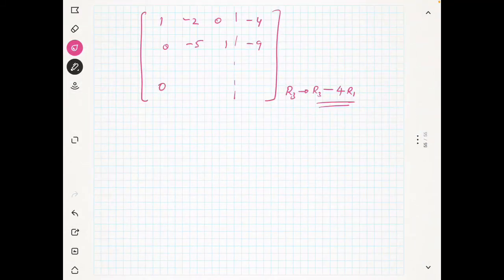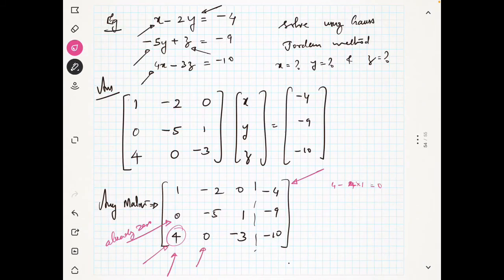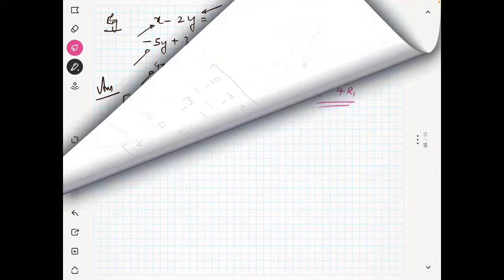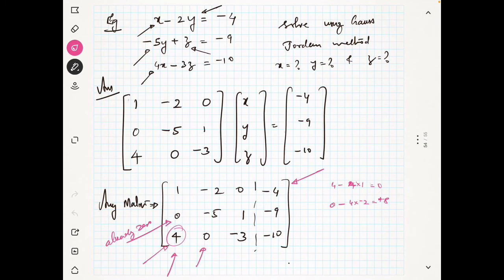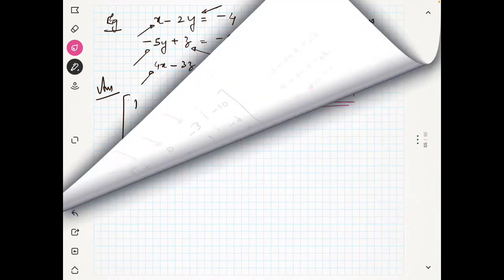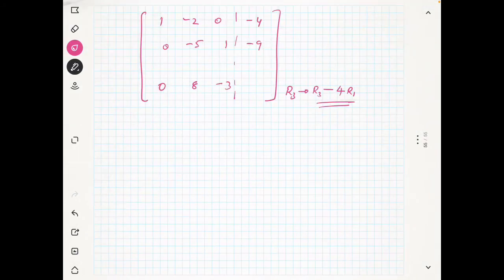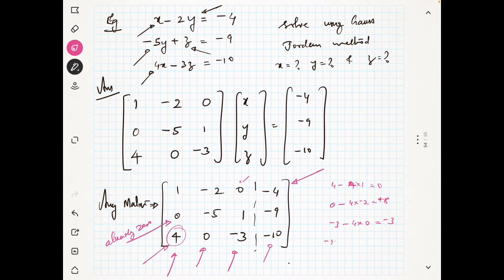We made it 0. Next, 0 minus 4 into minus 2 is minus 8, that means plus 8, so you got 8. Next, minus 3 minus 4 into 0, so again minus 3. Next, minus 10 minus 4 into minus 4, that is minus 10 plus 16, that will be 6.